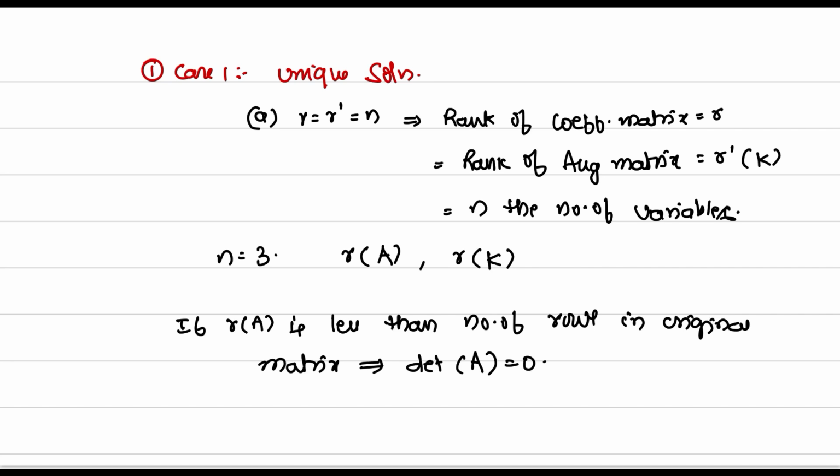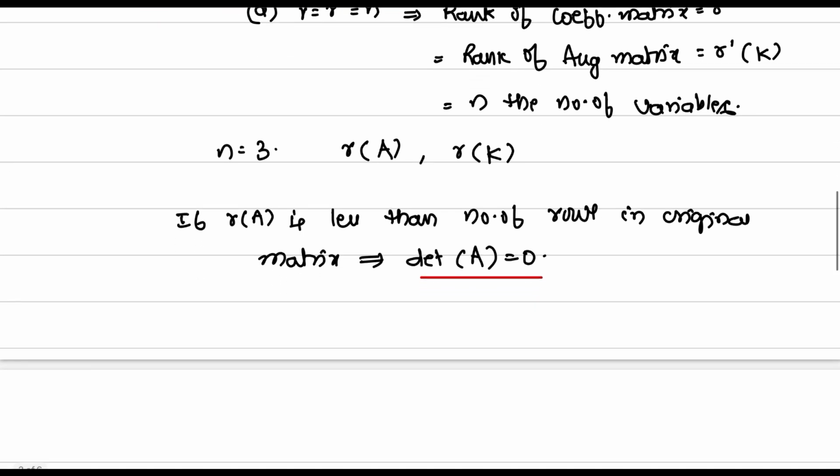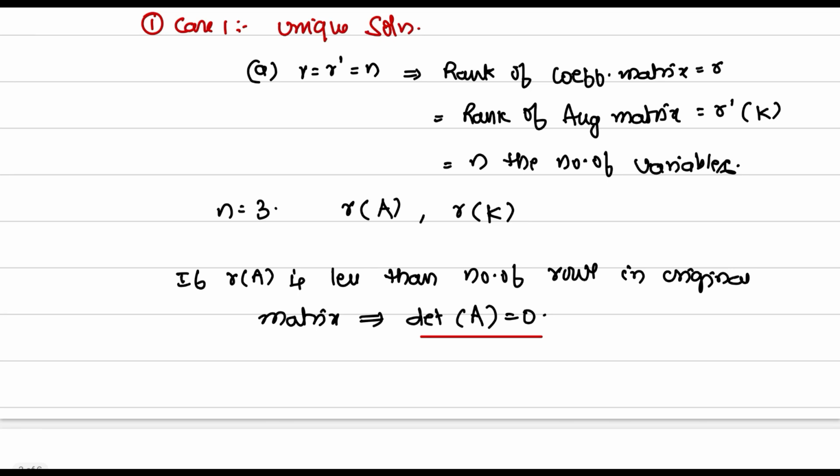That means either you go by the simplification of row and column elementary operations, or you go for finding the determinant, because it is a square matrix. What is the coefficient matrix? It is 2, minus 1, 3, 1, 2, 41, 3, 1, alpha.